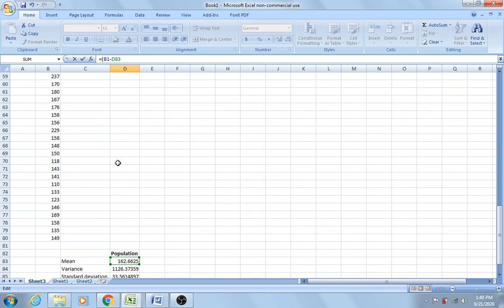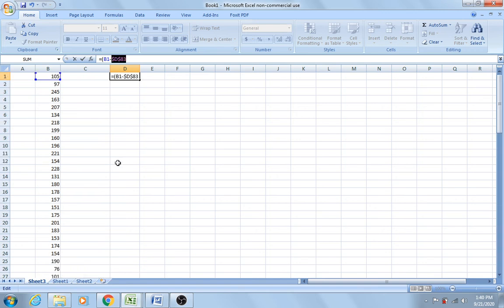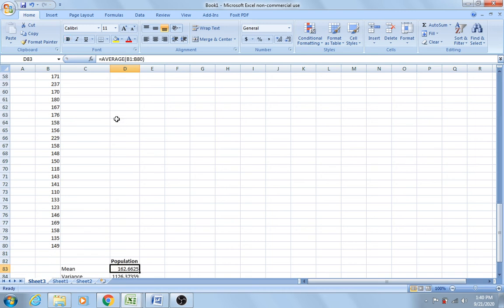So you press F4, that means you lock it. And then you square it and enter. This means the square of the difference between the first data and the mean of the population.